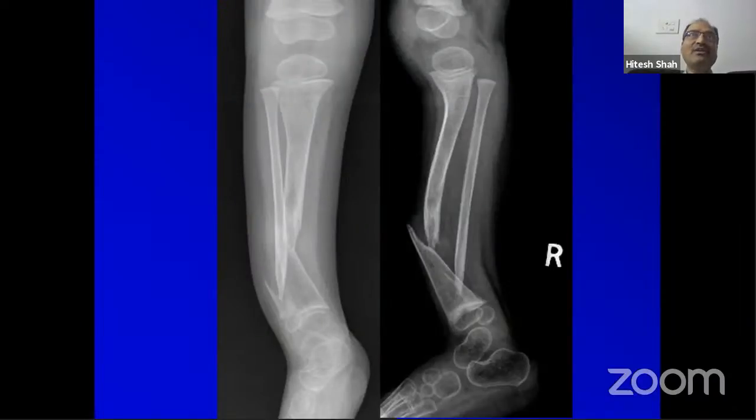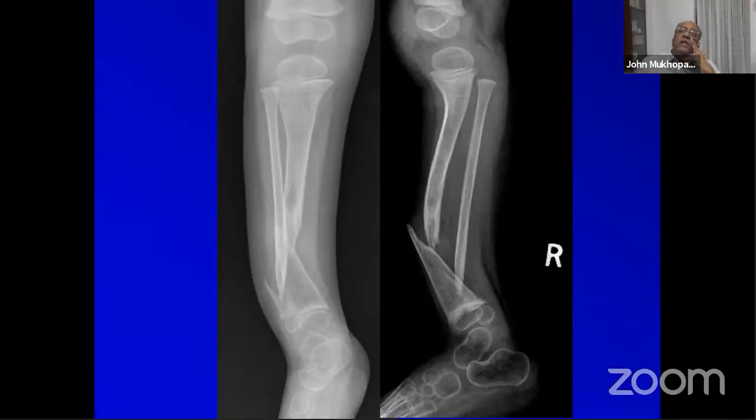That's why there are three different types, but the basic principle doesn't change. Excision of pseudoarthrosis, stabilization with the intramedullary rod, plus the bone grafting, plus many things like periosteal graft, BMP graft, anything. So what are the additional things that you do in pseudoarthrosis which you might not do otherwise?